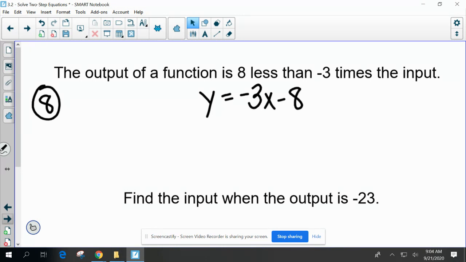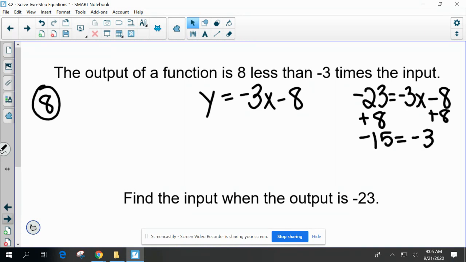Okay, and then find the input when the output is negative 23. So negative 23 equals negative 3x minus 8. So in this problem, I would add 8 first. And I would have negative 15 equals negative 3x. And then divide by negative 3. So x equals 5.